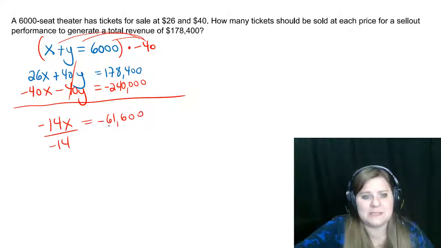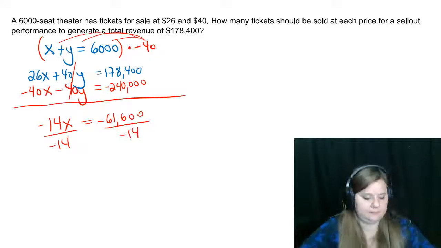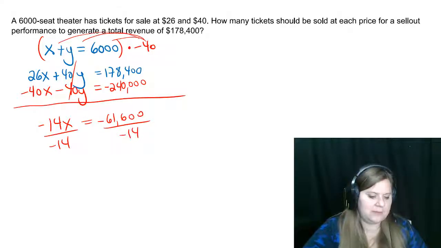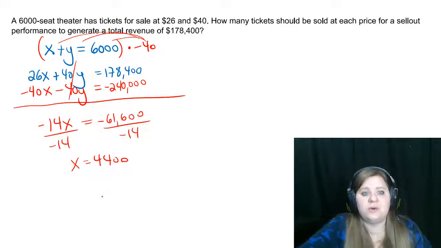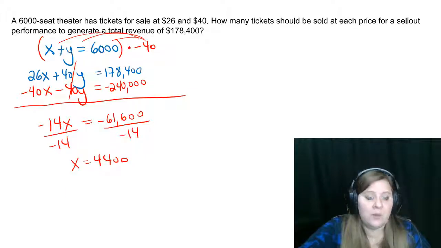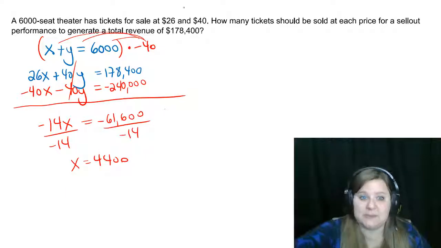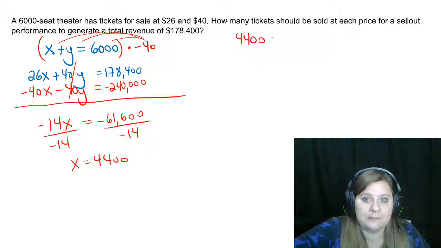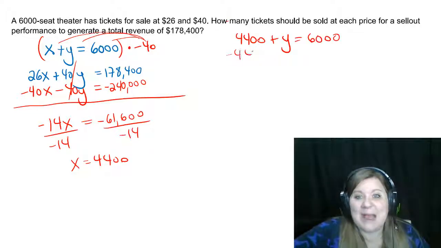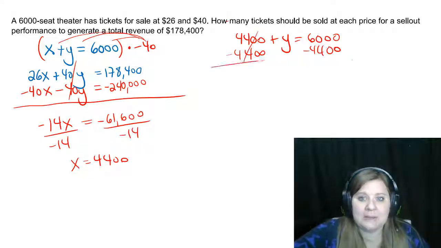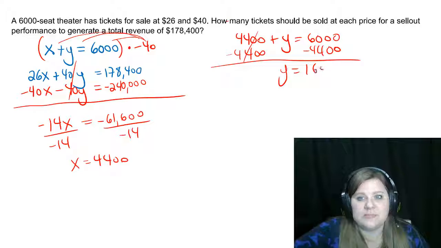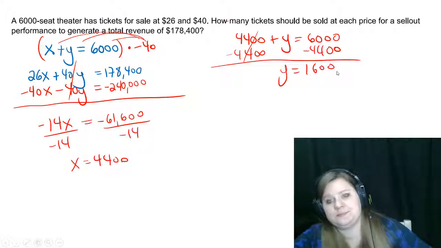And then I can divide both sides by -14, which comes out to be 4,400 tickets of type X. So what is my Y value? Well, I know X plus Y equals 6,000. So 4,400 plus Y equals 6,000. I subtract 4,400 from both sides. I say ticket Y is going to be a total of 1,600 tickets.